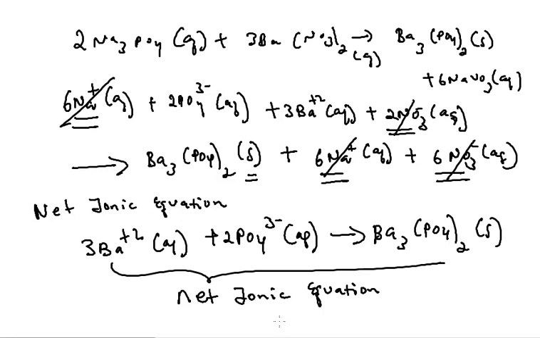When you do a precipitation reaction, it's very important to find out which one would be a soluble compound and which one would be an insoluble compound. Maybe I can give you some guideline right now.